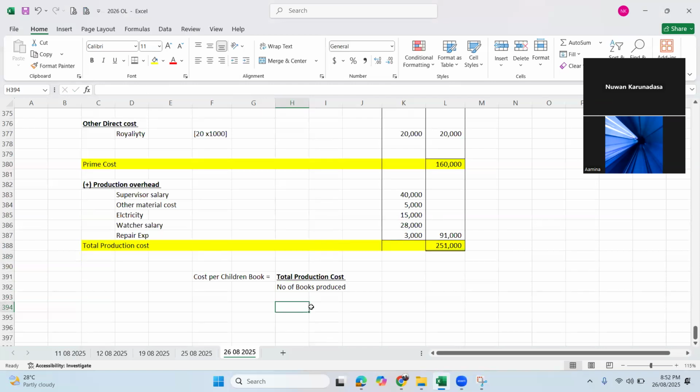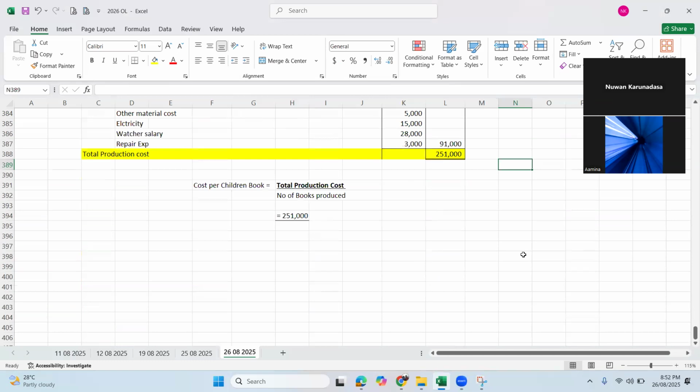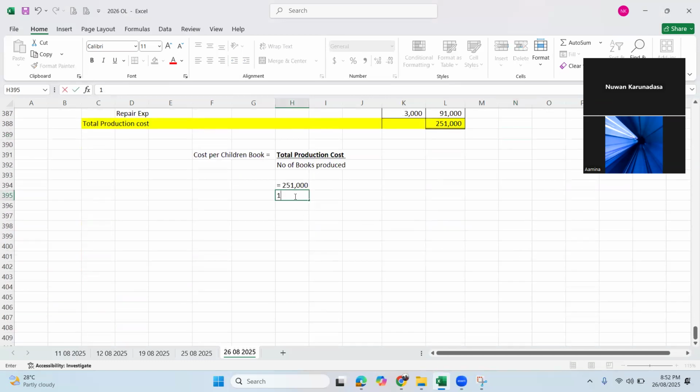So total production cost came 251,000. That has to be divided by how many books? 1,000. So easy. Then the answer is 251,000 divided by 1,000 is 251.